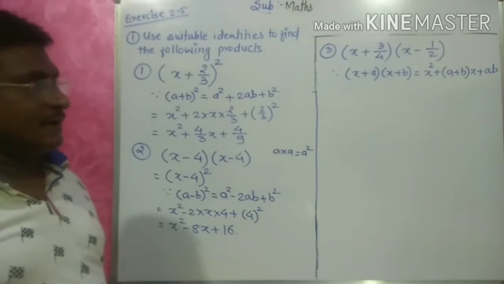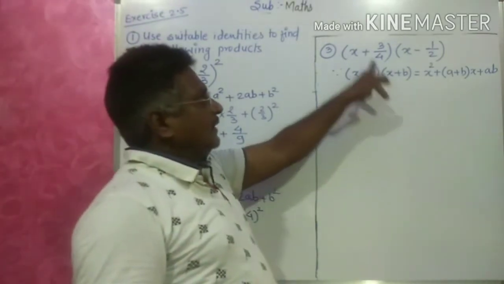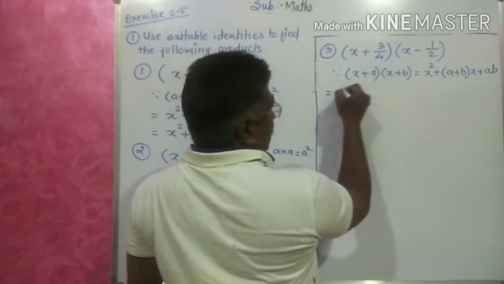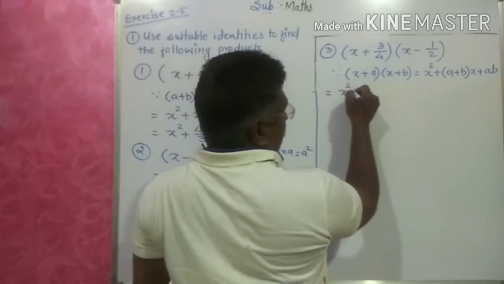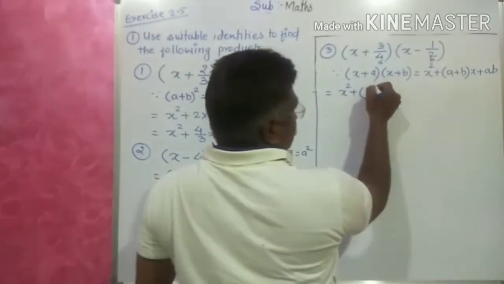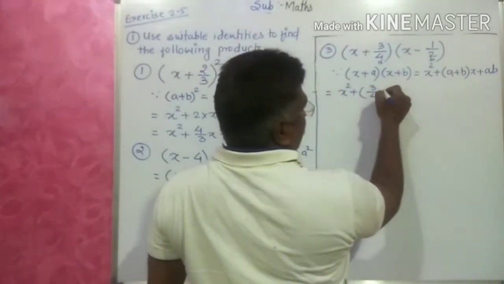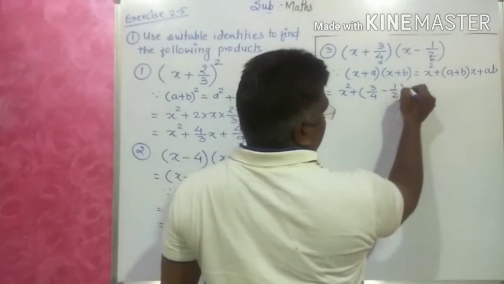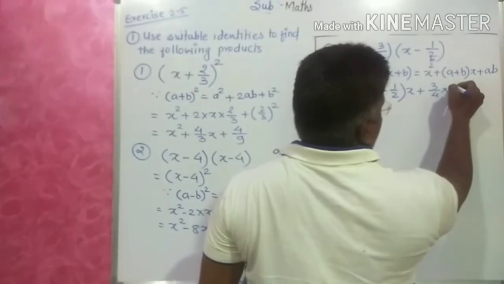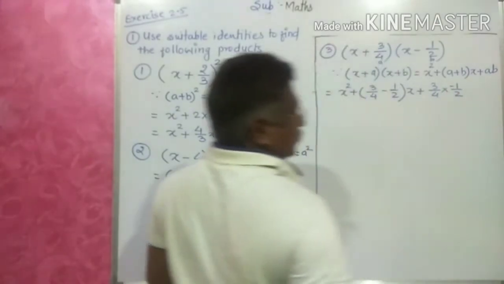So in this identity we have to substitute the values. So what will we get? x square plus... a means what? This. b means what? This. So (3 by 4 minus 1 by 2) into x plus 3 by 4 into minus 1 by 2.